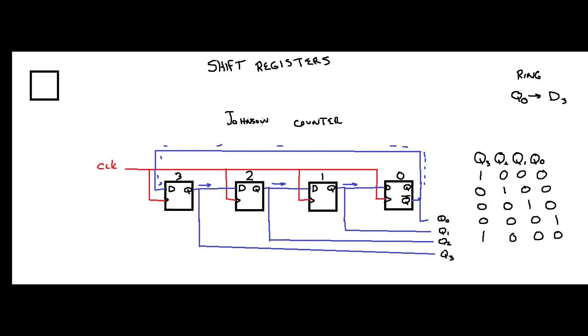Now, what I've just drawn for you here is called the Johnson counter. All right? So this is different, okay? As you can see, obviously it's going to be different because it's a different circuit.